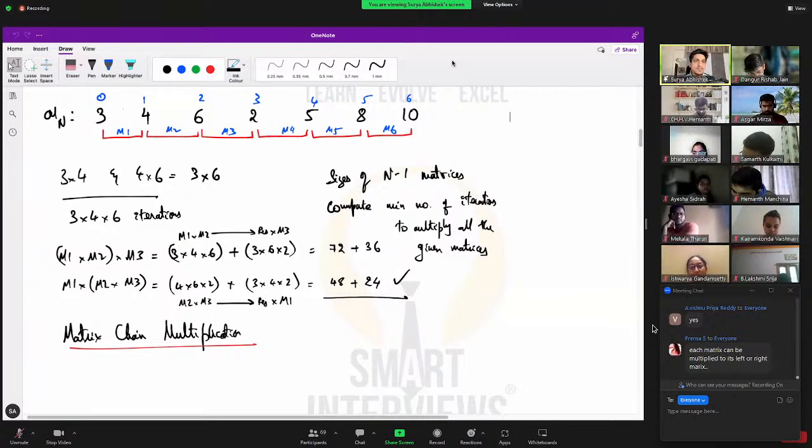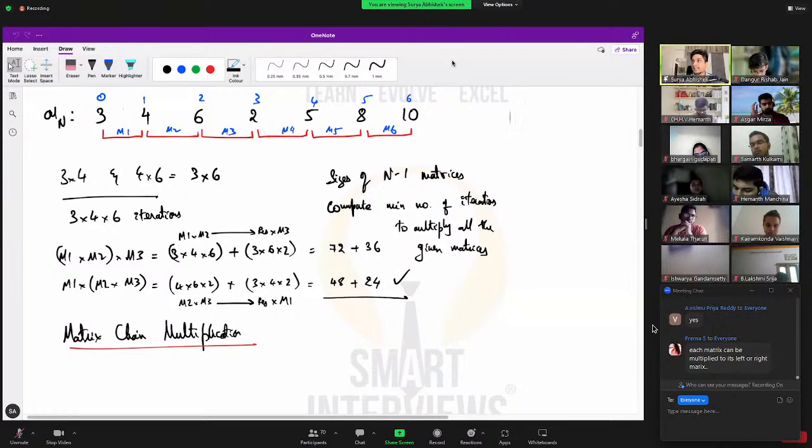Each matrix can be multiplied to its left or right matrix. That's a good observation, but it's not just left or right directly. It can be the left result or the right result. That left result can be a multiplication of any number of matrices.